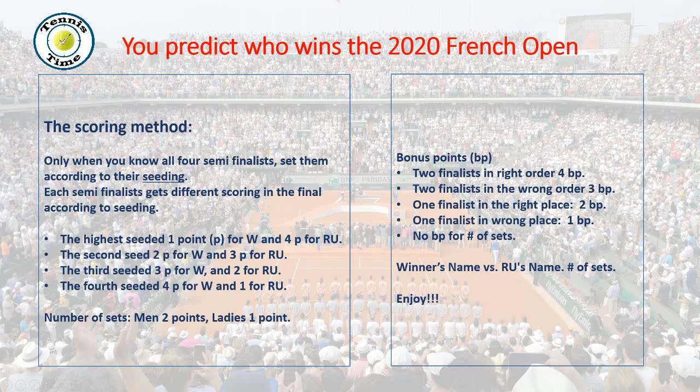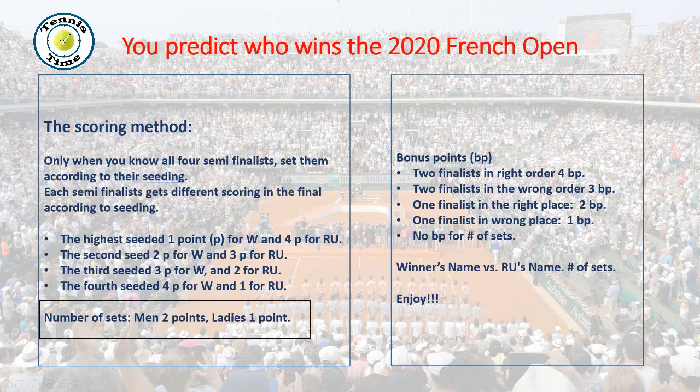Based on their ranking or seeding, there's going to be the number 1, 2, 3 and 4 seeds. So for instance, if you pick the top seed, the highest seed, for the win, you're going to get 1 point for that if you guess correctly. But if you think the higher seed is going to lose in the final, and you pick that correctly, you're going to get 4 points as runner-up, and so on and so forth.